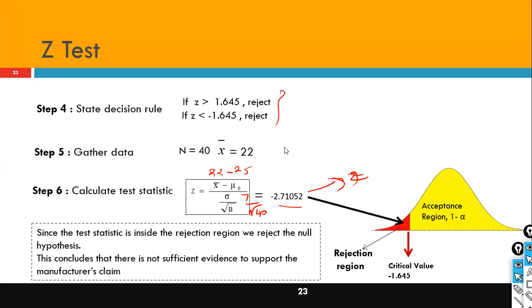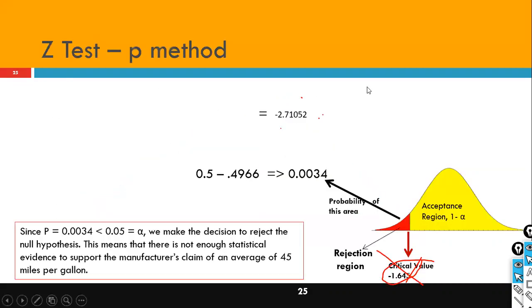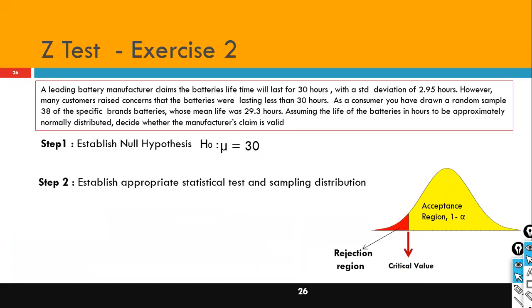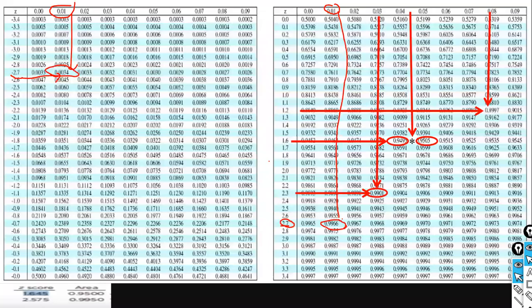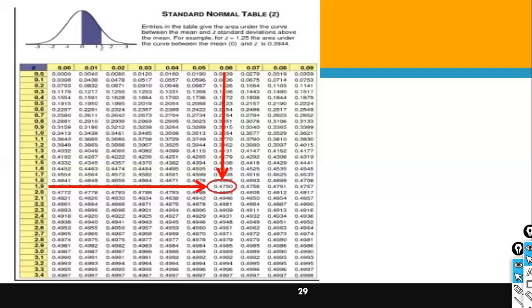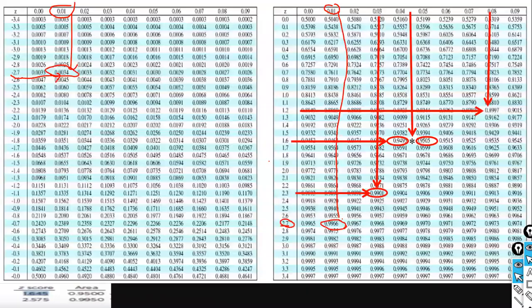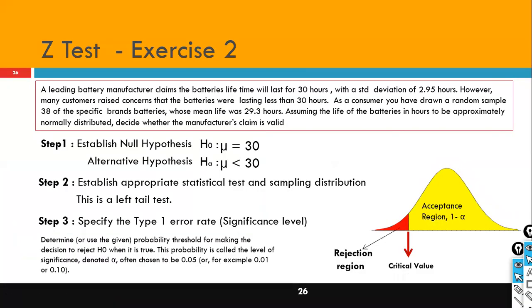Okay, so now we have a table for that. If you look at the school math book, at the end of it you will find something like this, 1.645. So you need to find the critical value.